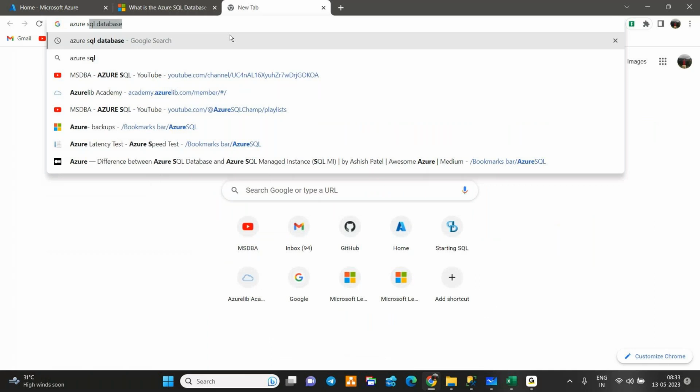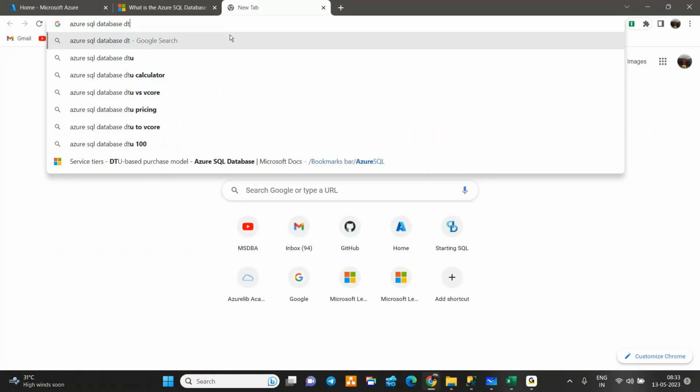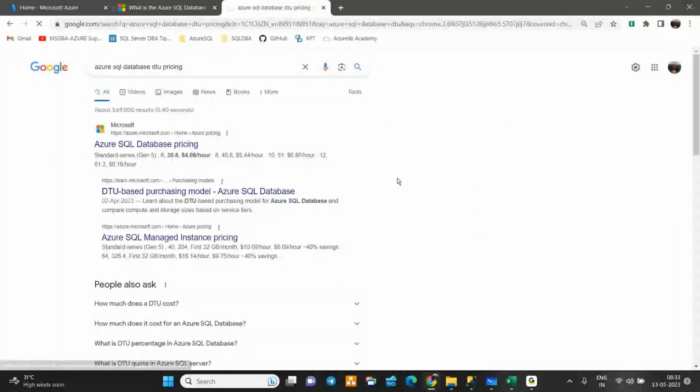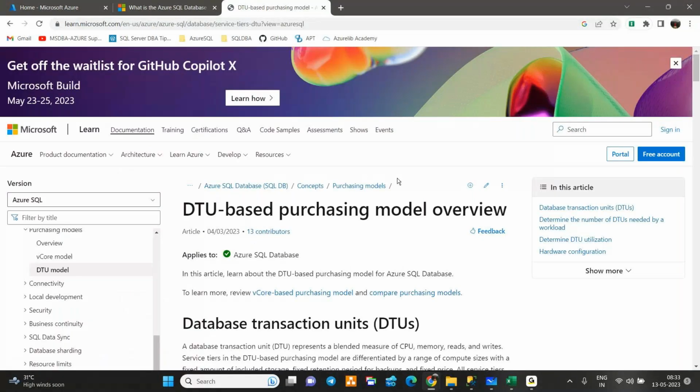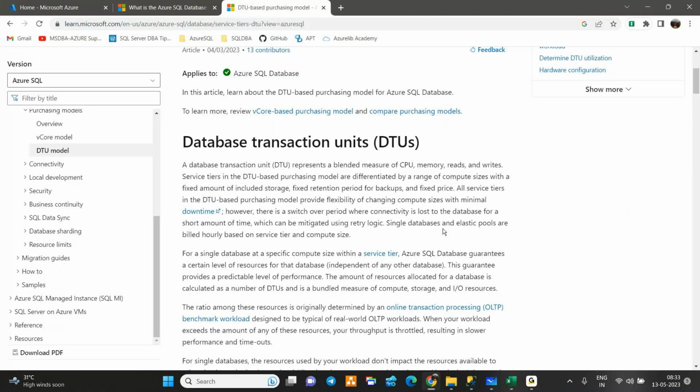When I go to the DTU-based purchasing model, what will you see? If you understand this image, almost you are good.